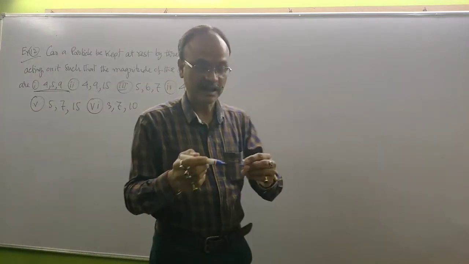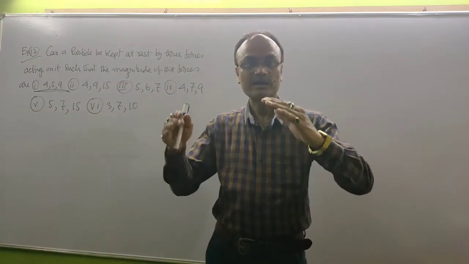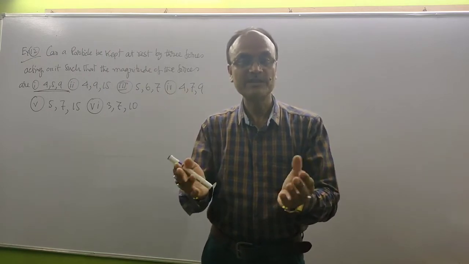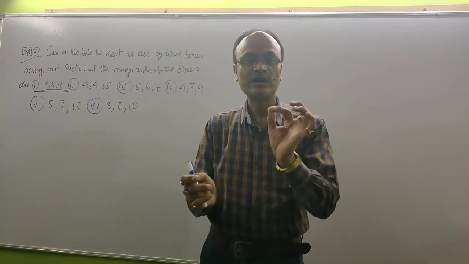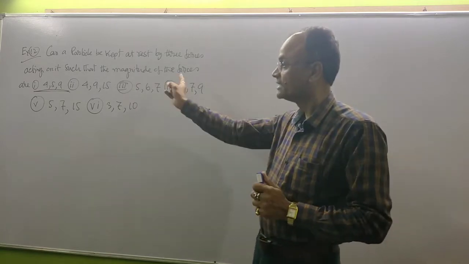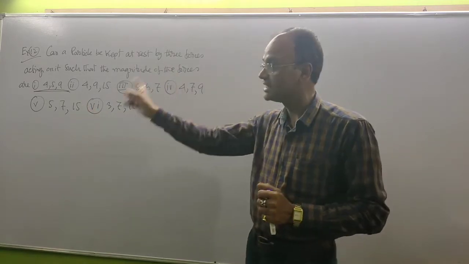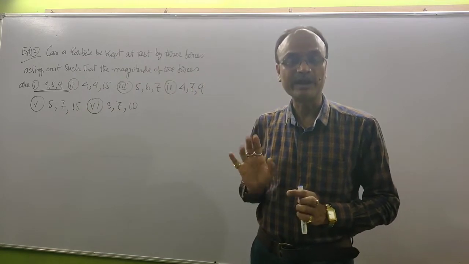If the three forces can be represented in magnitude and direction by the three sides of a triangle taken in order, then by the law of triangular forces, the three forces are in equilibrium.